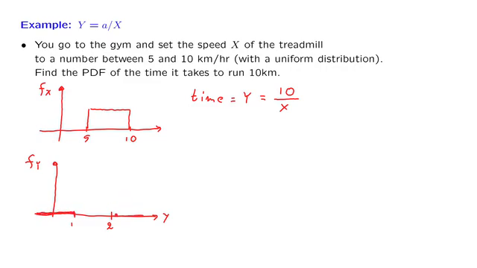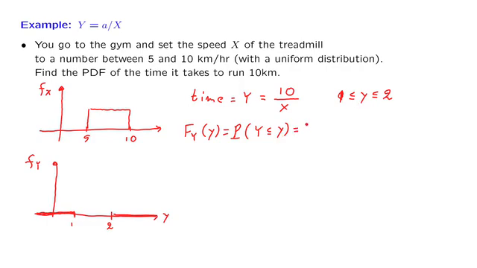And let us now focus on values of y that belong to this interesting range. So 1 less than y less than or equal to 2. And now we start with our two-step program. We want to find the CDF of y, namely the probability that capital Y takes a value less than or equal to a certain little y in this range.